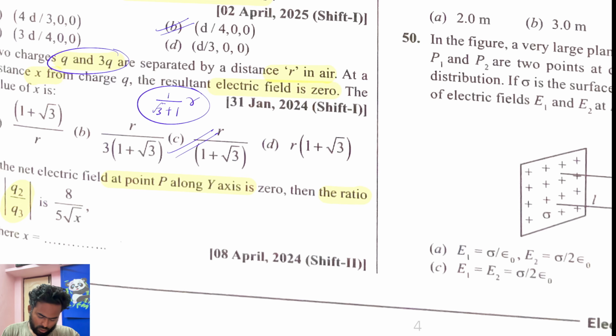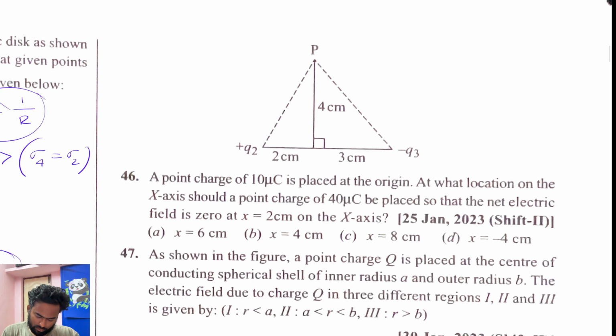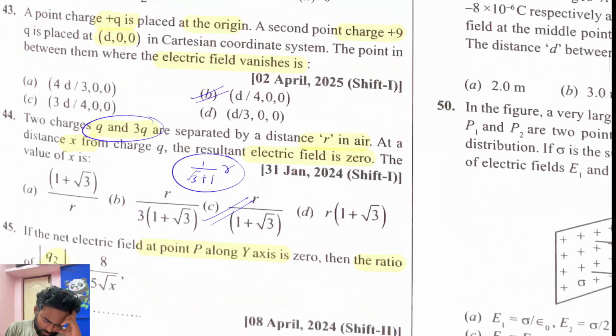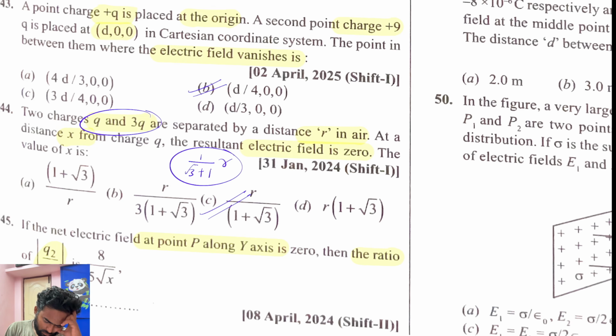The ratio of q2 by q3. Oh, good question. Along the y axis it is 0.